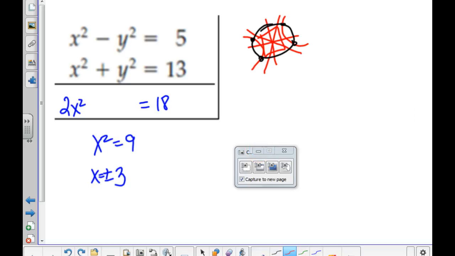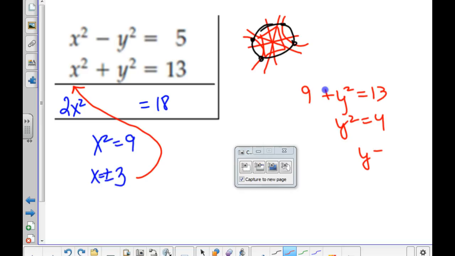If we plug these back in for the x, no matter which one we plug in, we get a 9. Yes, y squared is 4, y equals plus or minus 2. Now, how many actual points of intersection does that come out to be? 4. It does, because when I put in a 3, I would still get out plus or minus 2.